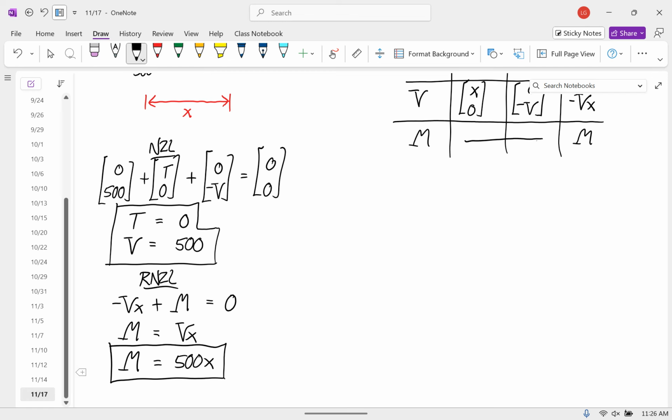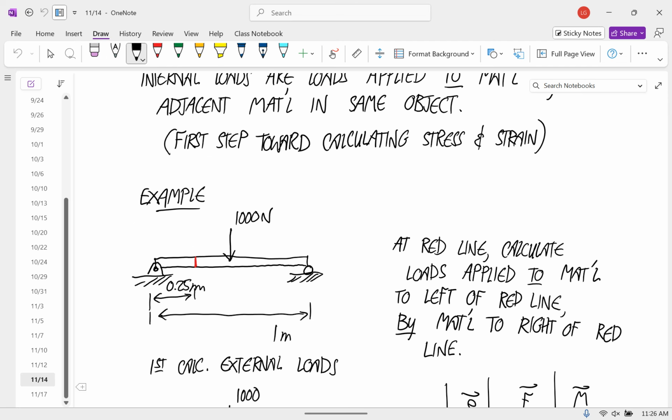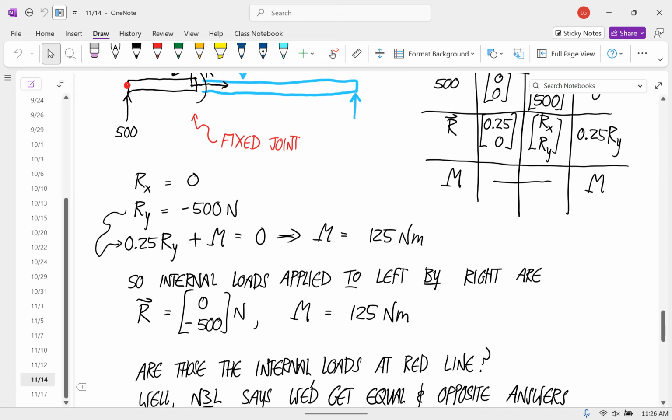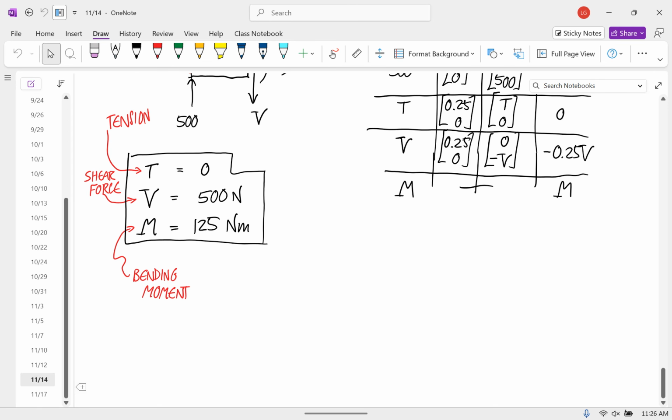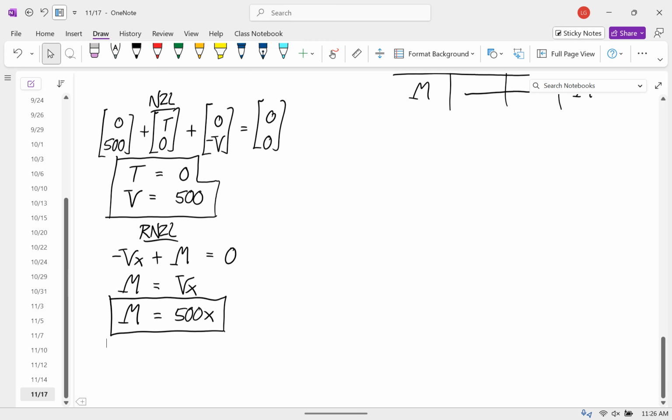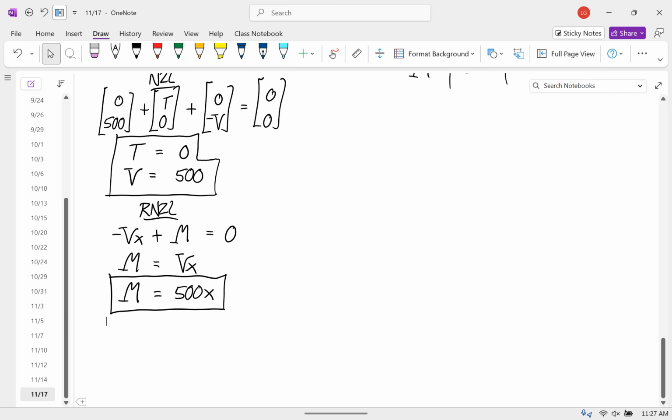So plug in 0.25, you get T equals 0, V equals 500, and M is equal to 125. Those are the answers that we got last class. So the tension force and shear force don't depend on x. They don't in this case. Sometimes they will, but not yet.